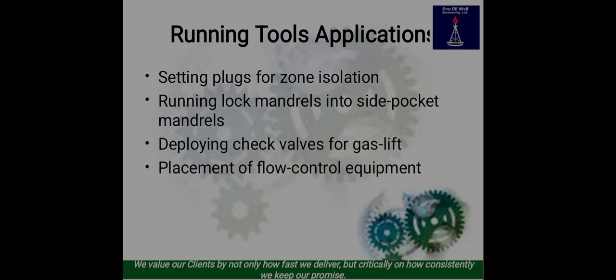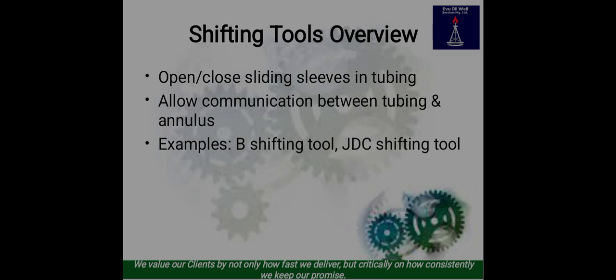Running tools are applied in setting plugs to isolate production zones, running lock mandrels into side pocket mandrels, deploying check valves in gas lift systems, and installing other flow control equipment. Accuracy is key here. The tool must release the equipment at the correct depth. Take note of that.